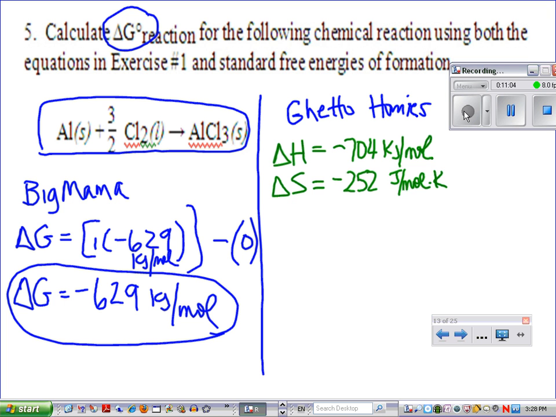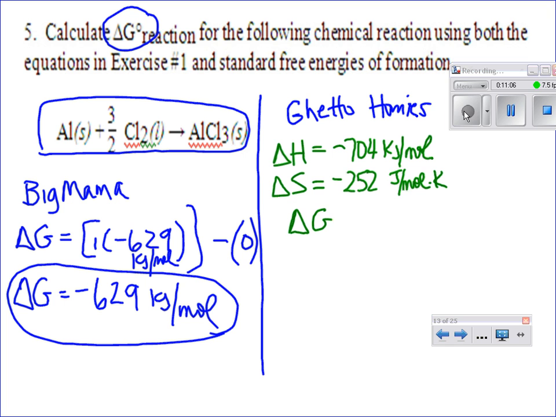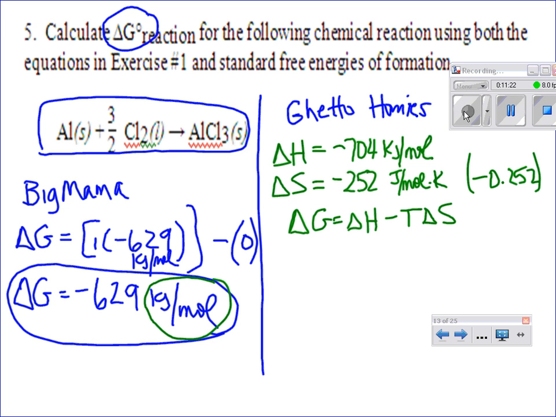I want to take these and plug these into Ghetto Homie, but does anybody see a problem? Different units. We cannot plug these in the same. Since I'm comparing it to a kilojoule per mole, let's just go ahead and have all of them be kilojoules. So this one becomes what? Negative 0.252 kilojoules per mole Kelvin.